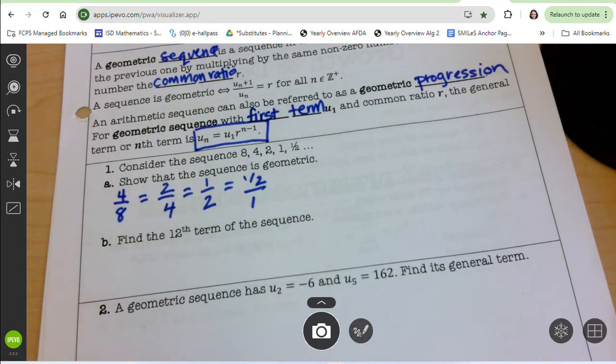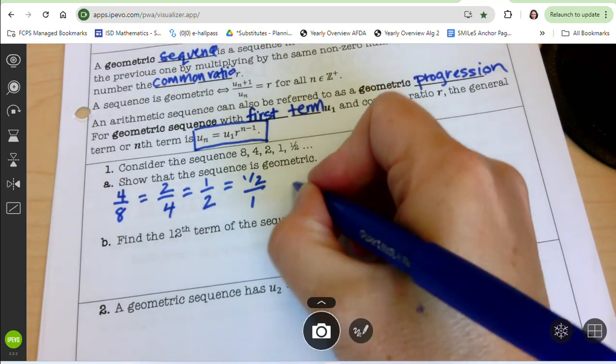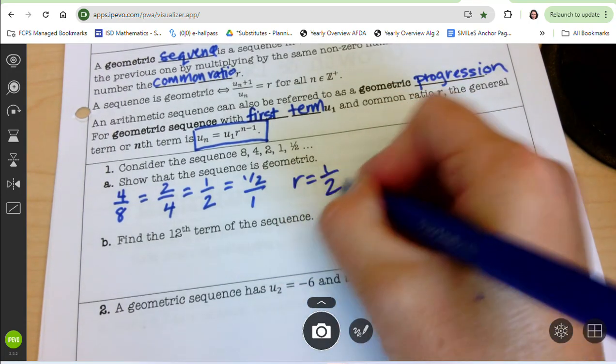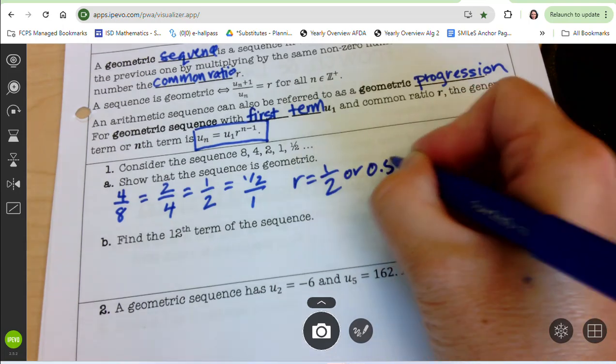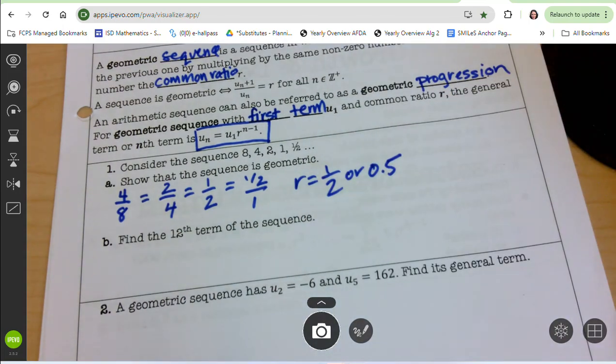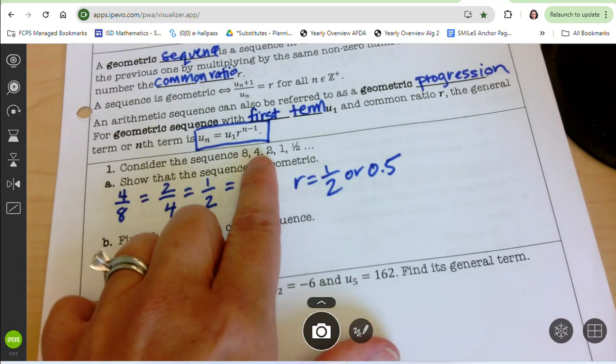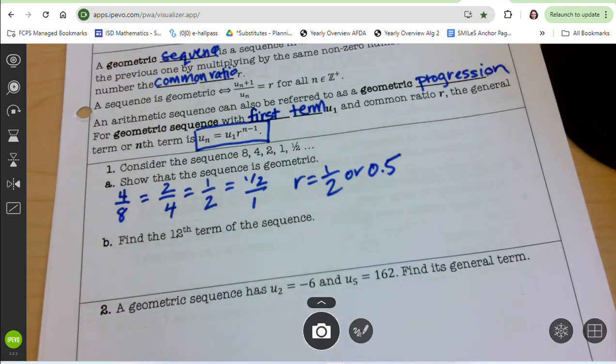Yeah, they all equal the fraction 1/2 or 0.5, okay? So r is equal to 1/2 or 0.5, they're all the same. So when it says to show that it's geometric, you're just showing that you have a consistent r each time. And to find r, do the term divided by the one in front of it.